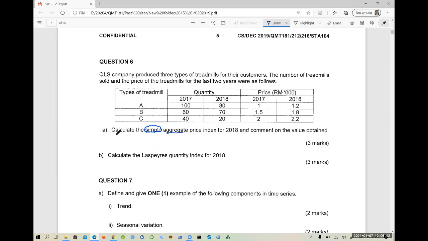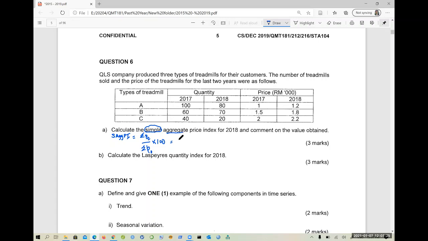So you are looking for the simple aggregate price index. This is given by the formula: summation of Pt divided by summation of P0, times 100. You want the sum of all the prices in 2018, that is the current year, divided by the sum of all the prices in 2017, that is the base year.